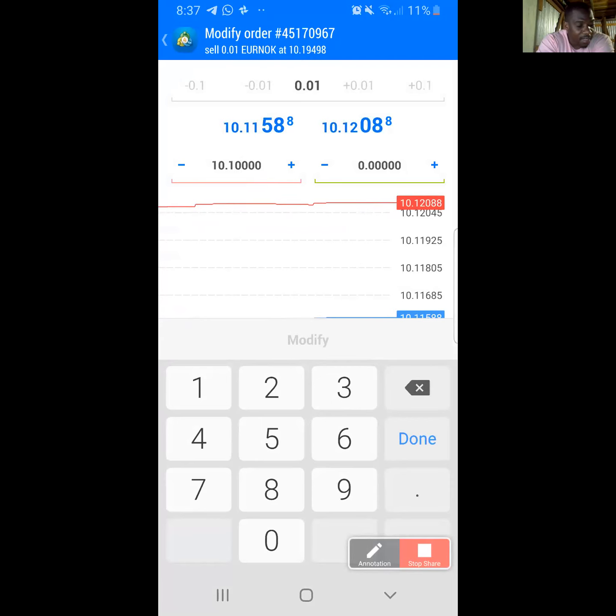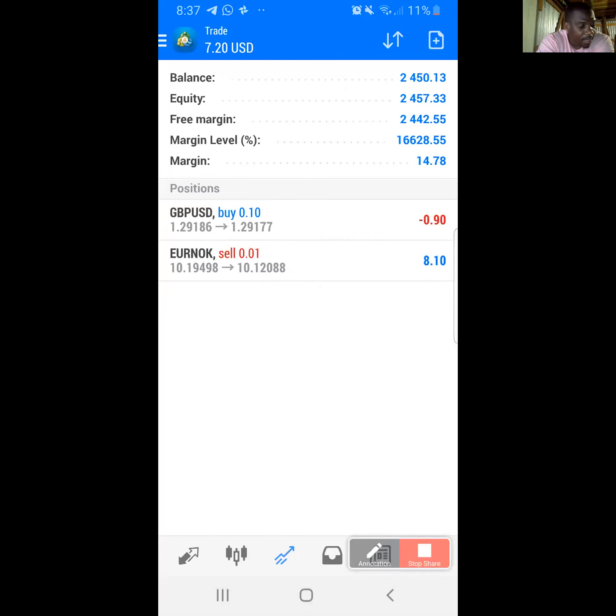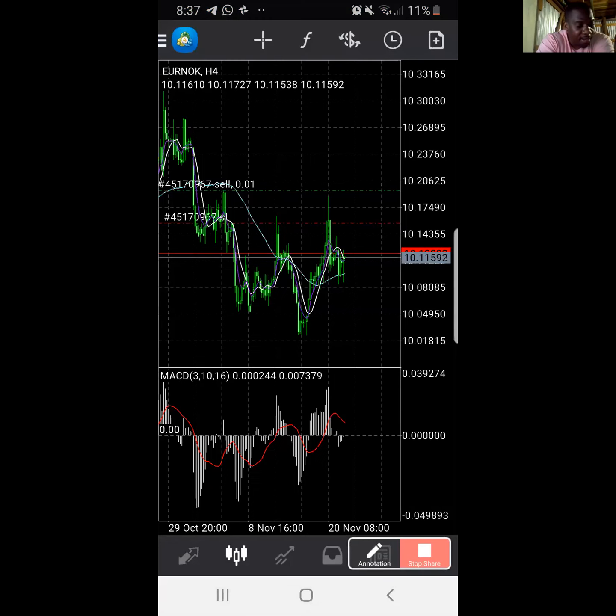The one with the green on the line is my take profit side. I could change my stop loss to the number that I wanted. I can't really remember the number, but let me say that was the number.